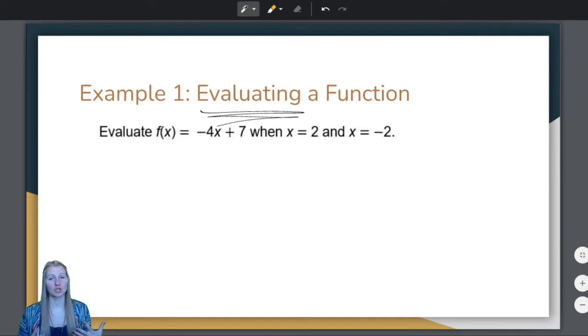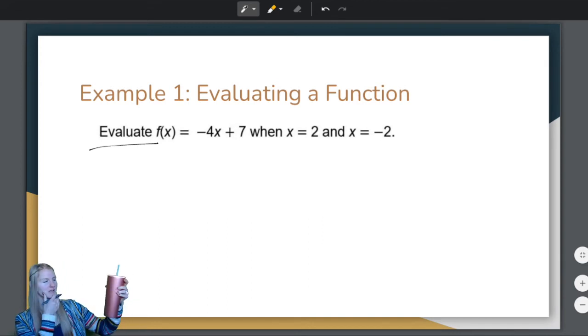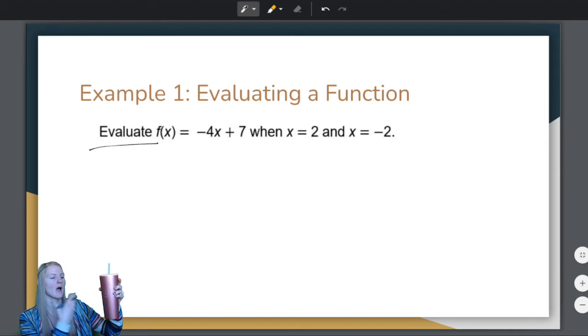Evaluating a function. So this was part of our success criteria. We needed to be able to evaluate a function. If I'm evaluating this cup, I'm kind of rating it. How helpful is it? I'm saying things about the cup.